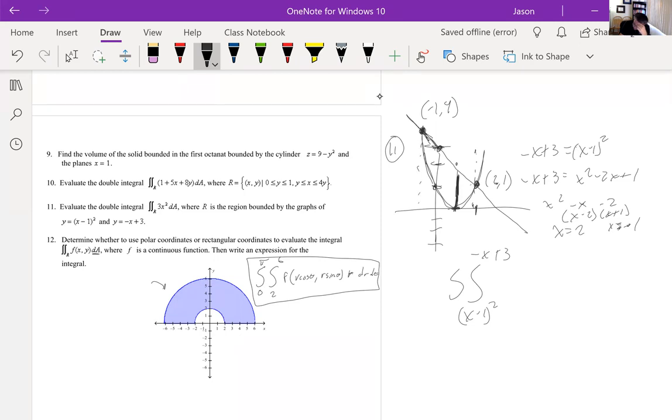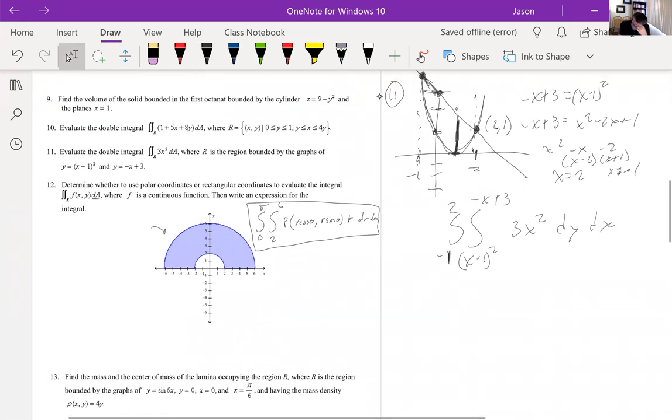Well, they go from negative 1 to 2. Okay, of what? Of 3x squared dy dx. So this is going to become 3x squared y evaluated from x minus 1 squared to negative x plus 3.